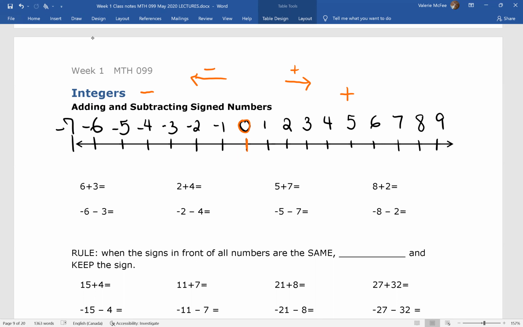If you look at the questions in the first row here, they should be pretty straightforward. You know the answers. You may have a little more difficulty when the numbers are both negative.